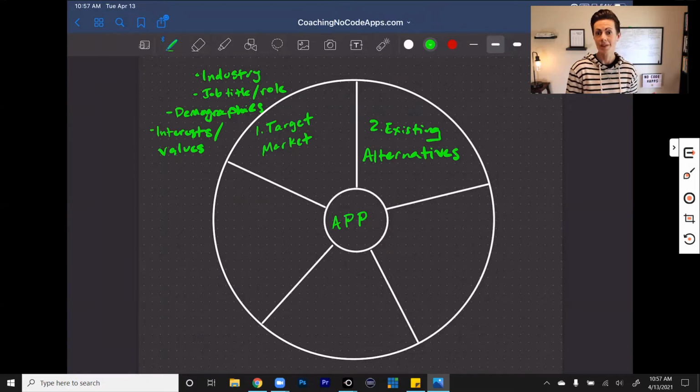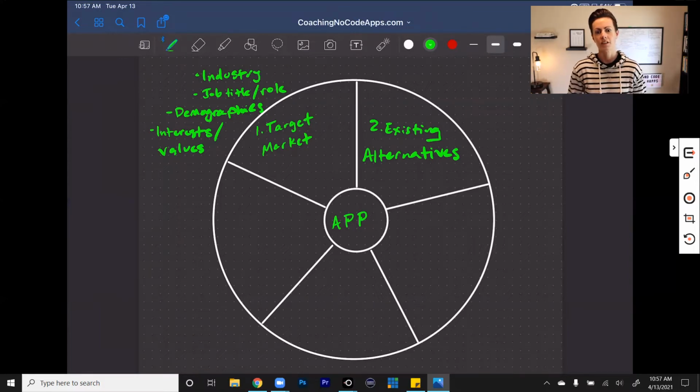Now, this can be other apps. It can be competition, or companies who you might see as your competition. It can be processes that are manual. Maybe people are solving the problem that you're going to be solving currently with spreadsheets. Maybe they're hiring staff to solve these problems that could otherwise be automated.